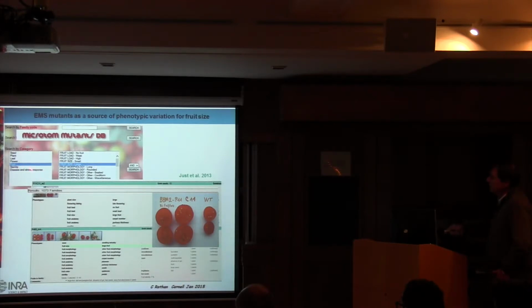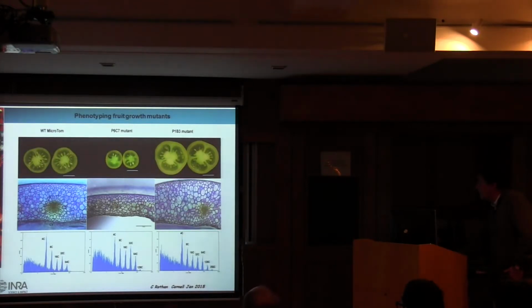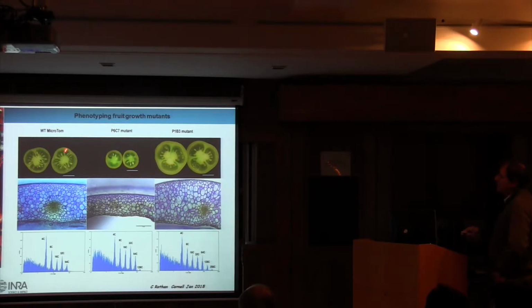So this is how we do it. We search the database, for example, for large fruit, looking at what we have in the database, including pictures, and confirm the phenotypes by growing the plants. And this is what we can get. For example, this is wild-type fruit. You can see here the outer epidermis, inner epidermis, and the mesocarp with very large cells.